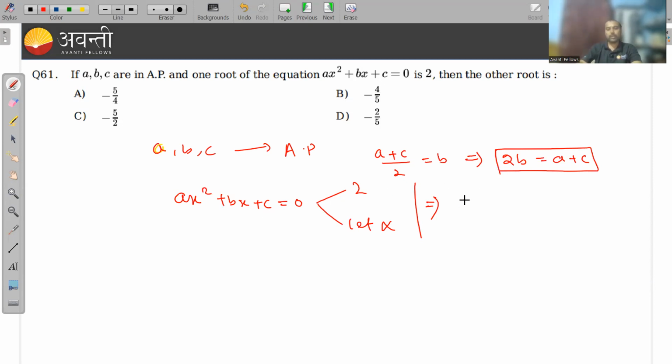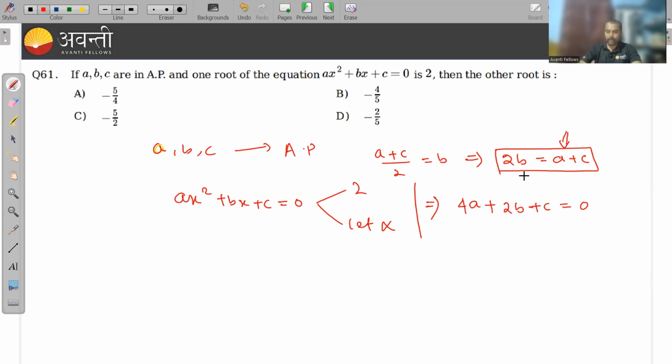Then it will be 4a, 2 square is 4, so 4a plus 2b plus c is equal to 0. What we got: 4a plus 2b plus c is equal to 0. We already know 2b is equal to a plus c.